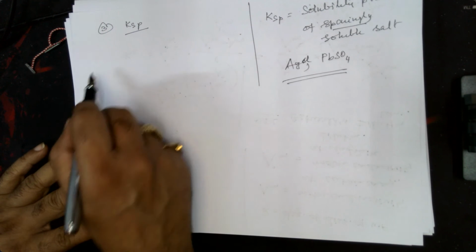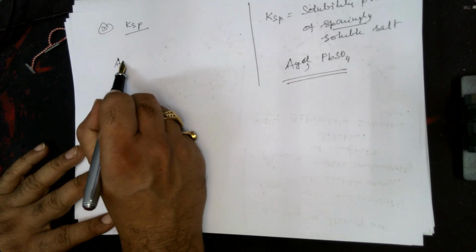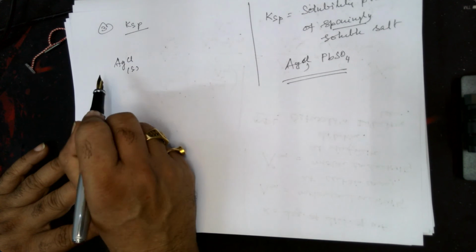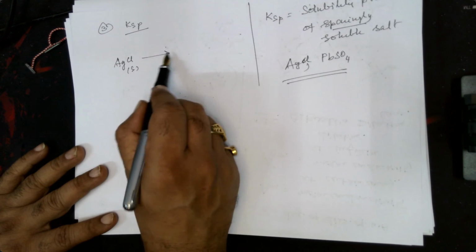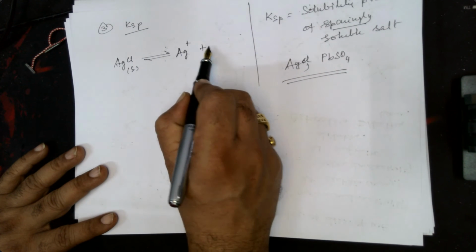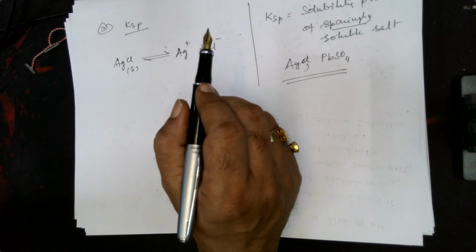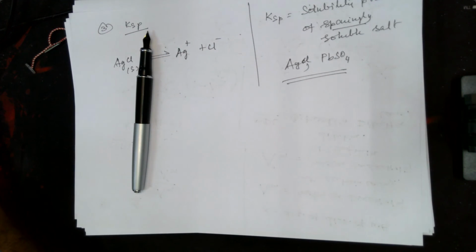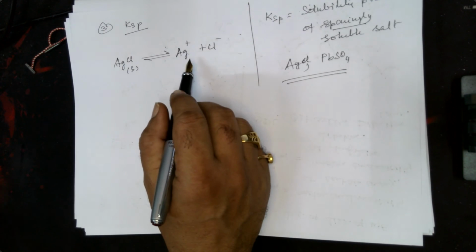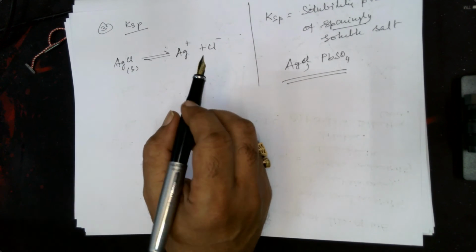So in that case, let me consider AgCl being a solid. Now it undergoes ionization like this: AgCl gives Ag plus and Cl minus.